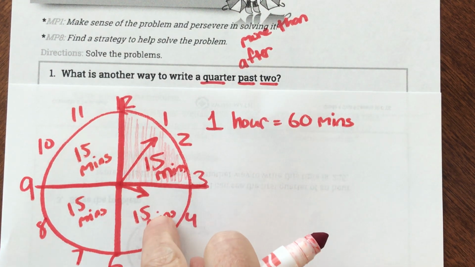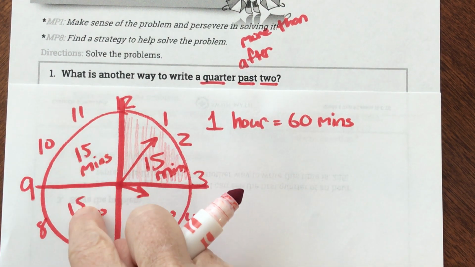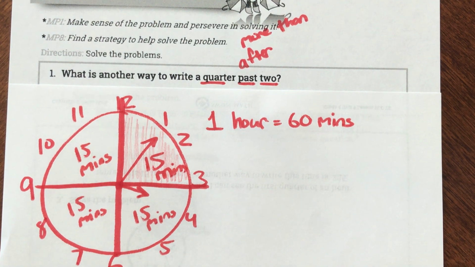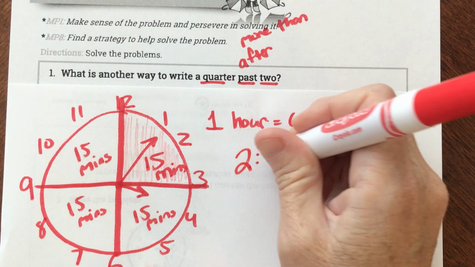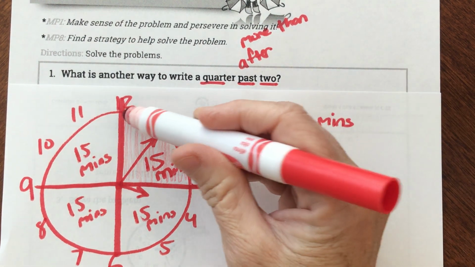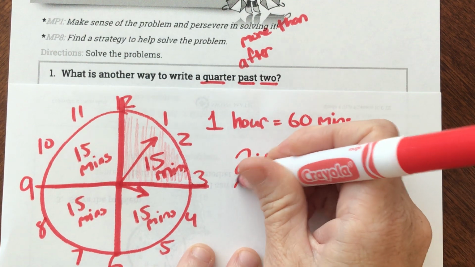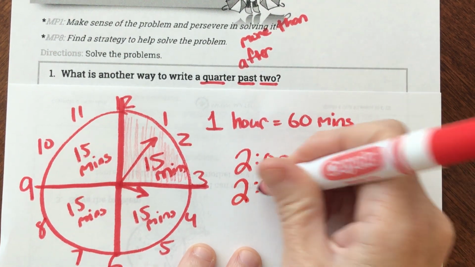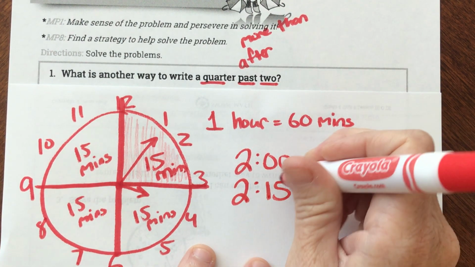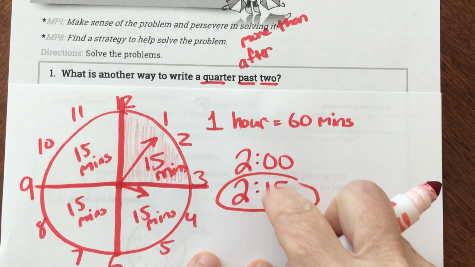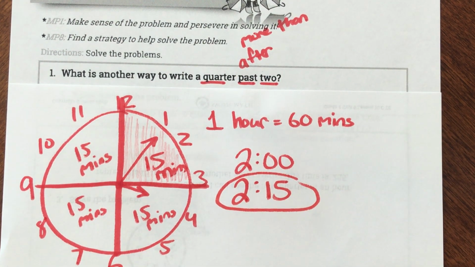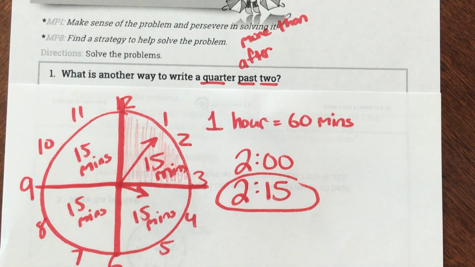Because I know 15 and 15 is 30. So a quarter past 2 means I have 2 o'clock, but then I went another quarter of the clock past it. So it's more than or after, so it's going to be 2:15. That's what a quarter past 2 looks like, because we added 1 quarter. Okay, let's try another one.